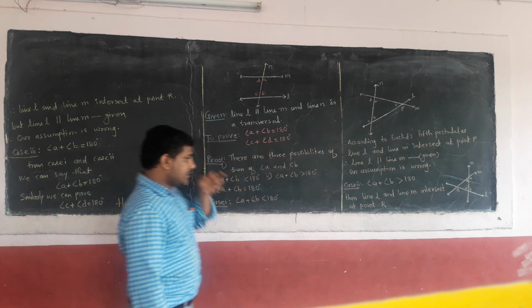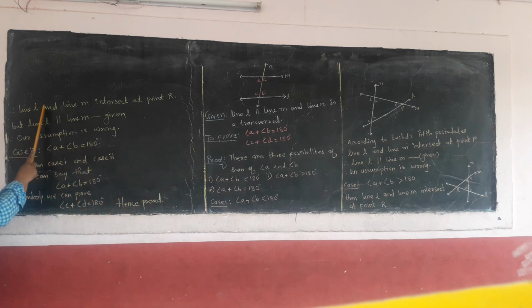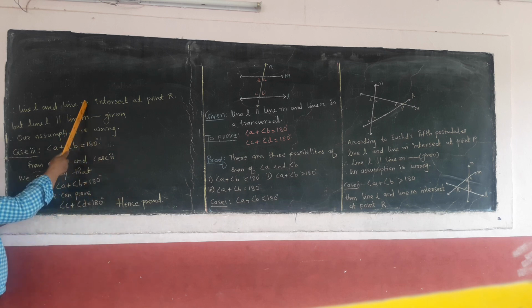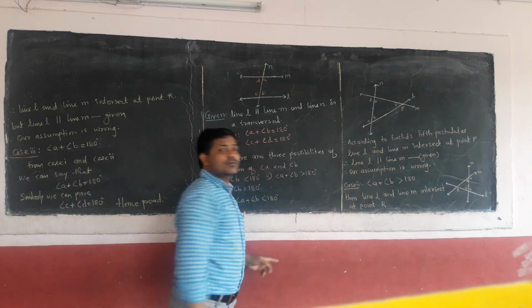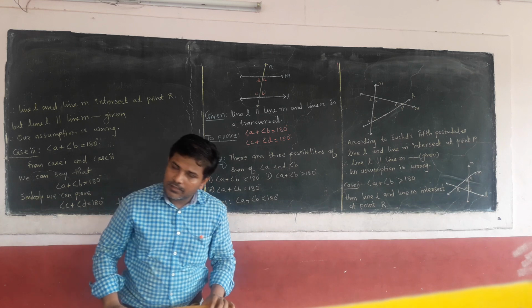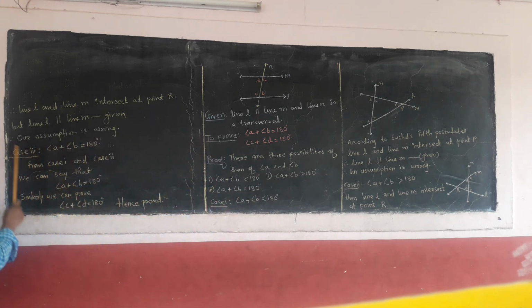If these lines are intersecting, therefore I have written line L and line M intersect at point R. But what is given? Line L and line M are parallel. यहाँ इंटरसेक्ट हो रहा है और दिया हुआ है पैरेलल. इसका मतलब हमारा जो assumption है, that A plus B is greater than 180, our assumption is wrong.